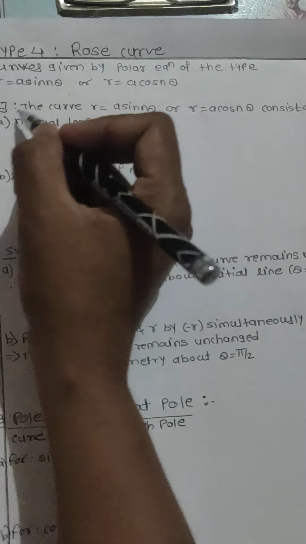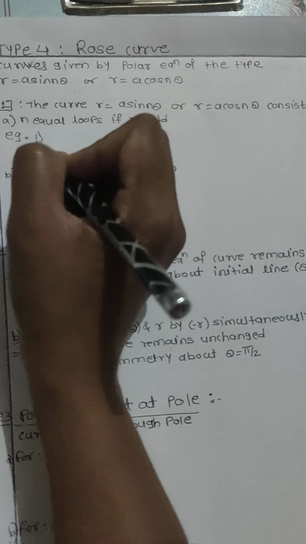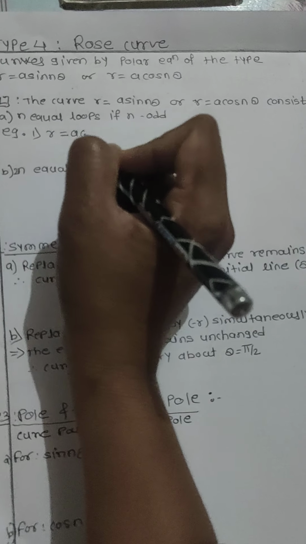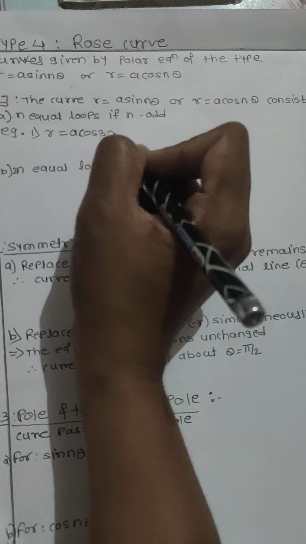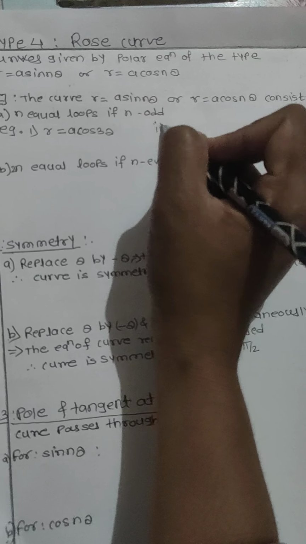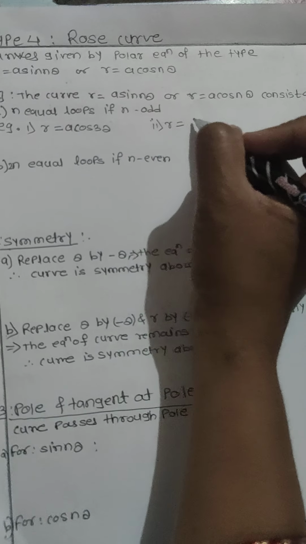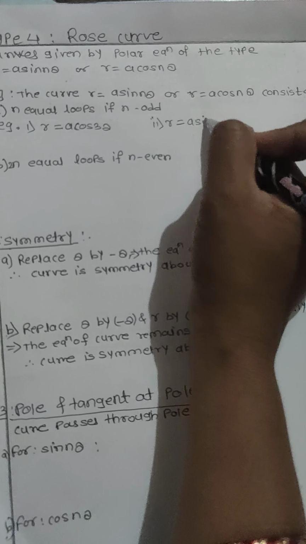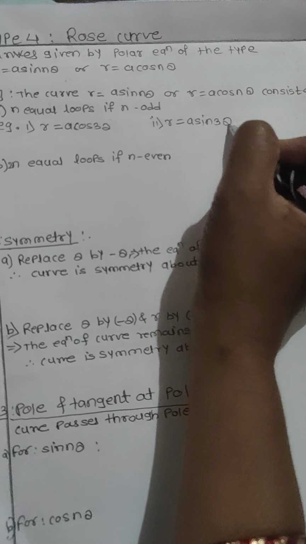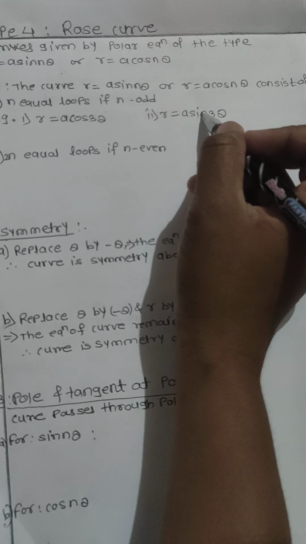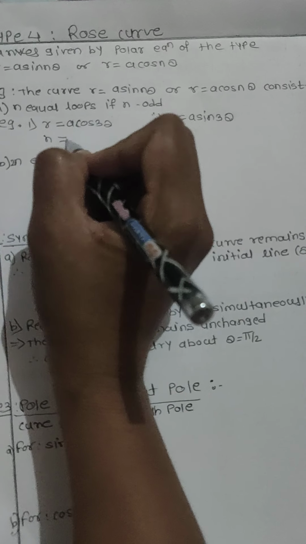Okay, suppose we take example 1: r equal to a cos 3 theta, and example 2: r equal to a sin 3 theta. Suppose this type of question is given. So what is the number of loops?